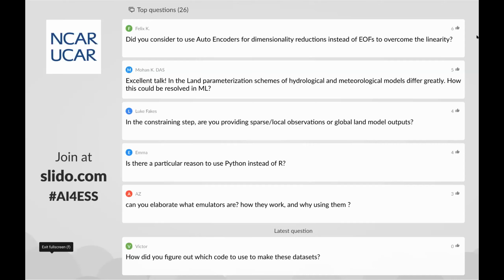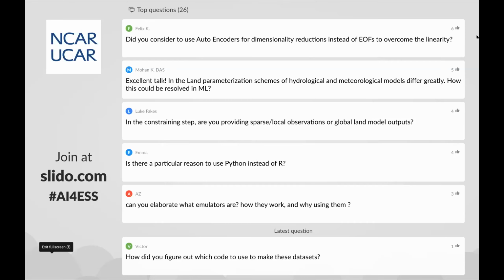Okay, next question from Felix. Did you consider using autoencoders for dimensionality reduction instead of EOFs to overcome the linearity? I don't know too much about autoencoders, so I'd love to chat more about that.